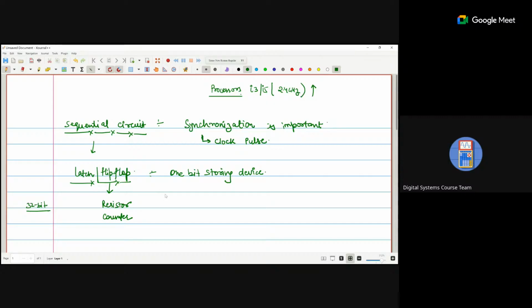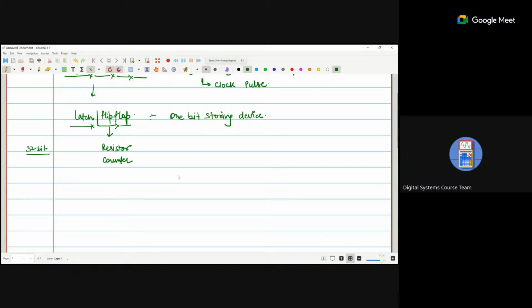First we start with the latch. I think you have gone through the latch. So in week 10, we start with the SR latch, and then the flip flop. So what is the difference between latch and flip flop, anyone? Latch is basically a level triggered device.